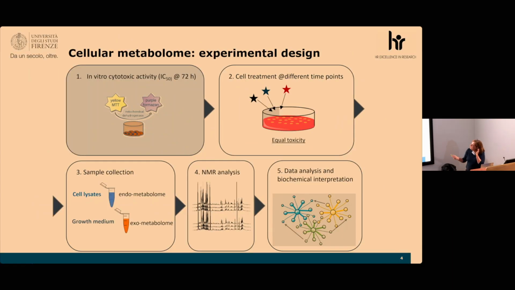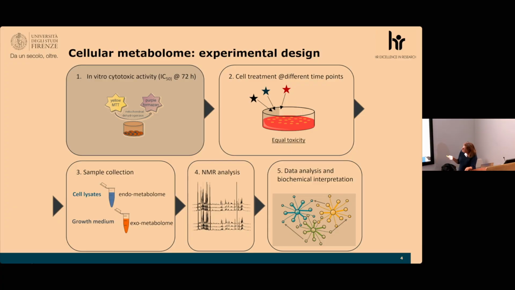And this is just the workflow that we use when we want to look at the effect of given drugs in a given cell culture or cell line. So we measure the IC50 just to have information about the cytotoxicity of the molecule.